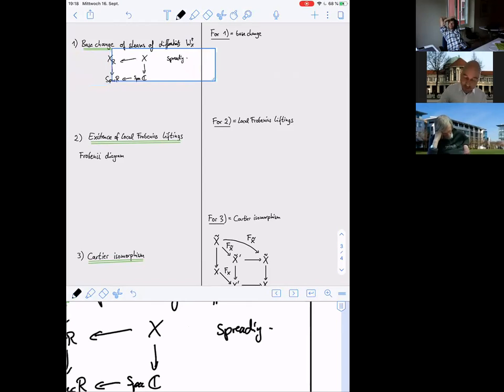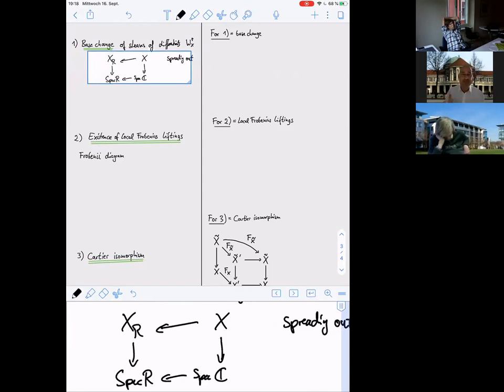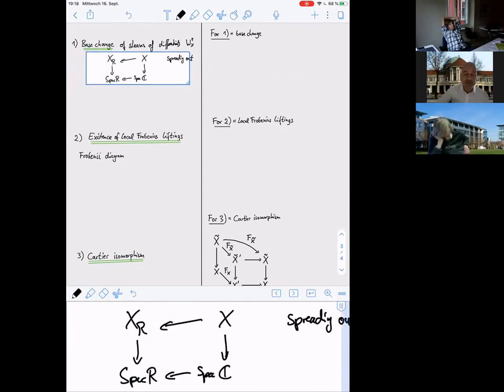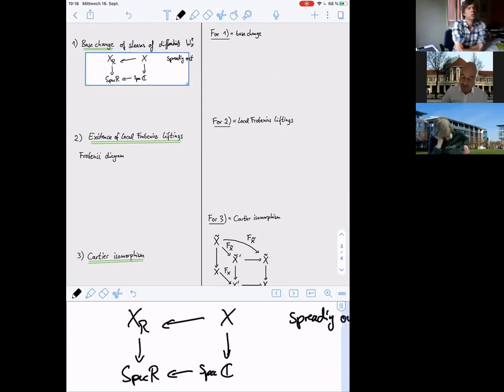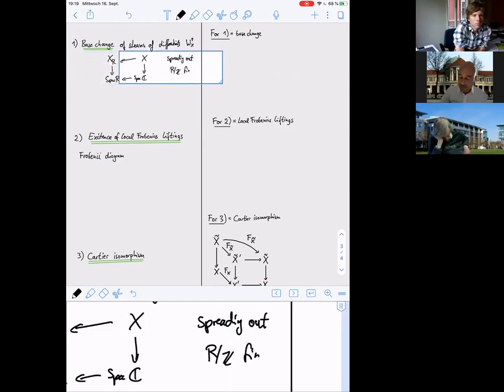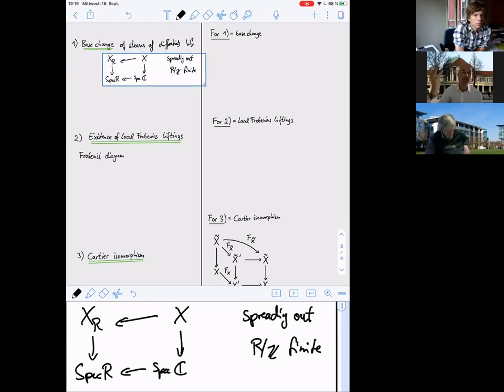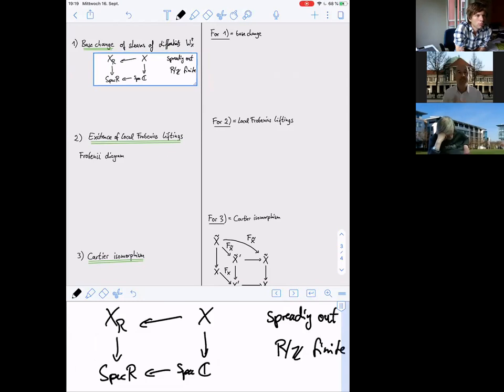Spreading out means if you have a variety over a field of characteristic 0, you want to identify the variety as a generic fiber of a family of varieties over an integral extension of Z. So R is finite over Z. It's a ring that's finite over the integers. For instance, you take the integers and you remove some primes, localize. Well, that's not finite, but that's also fine.